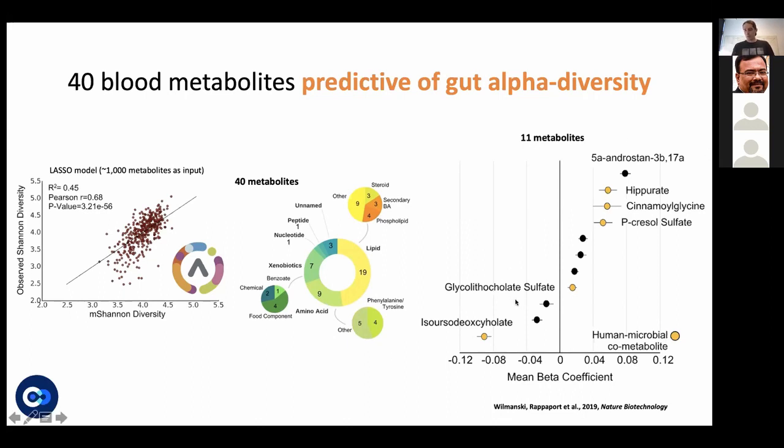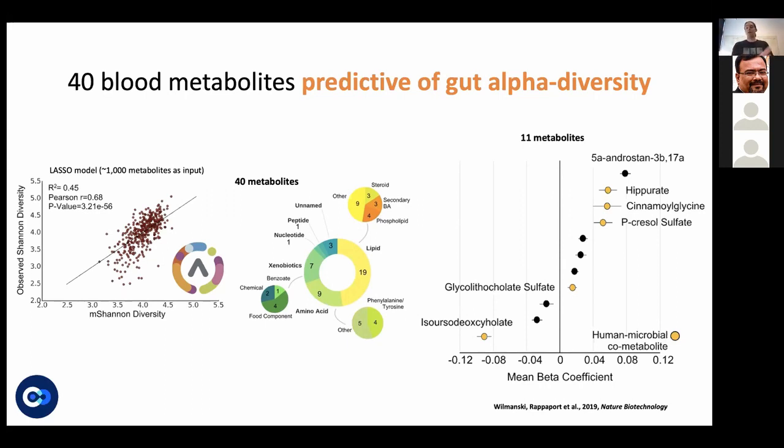And it was a nice sanity check for us, in the sense that these yellow-colored dots indicate microbe-host co-metabolites. So these are metabolites in the blood that are only there because of the activity of our microbiota. For example, hippurate and cinnamoylglycine are conjugated forms of small molecules like benzoate and cinnamate that are produced by the microbiome through breakdown of phenolics and complex polysaccharides that are in our diet.